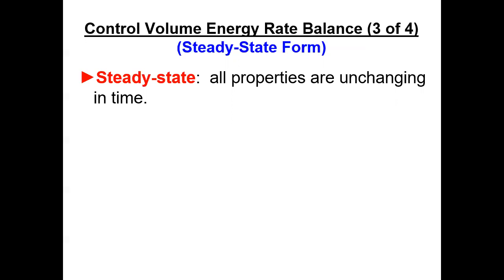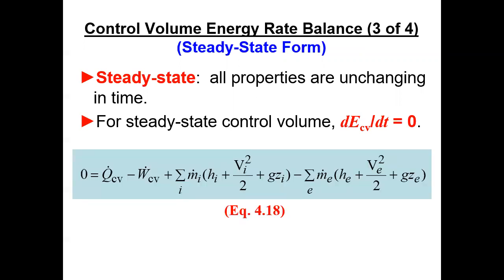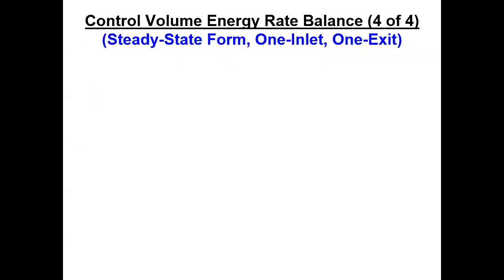So what that means, all properties are unchanging with time. For steady state control volume, dECV dt is 0. You get to throw that derivative term out. And so, bingo, the first law, open systems, collapses to this. Okay.